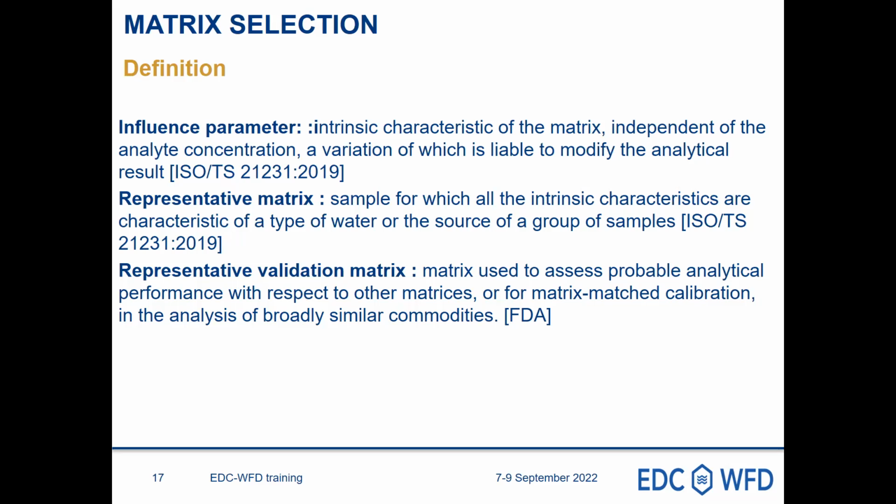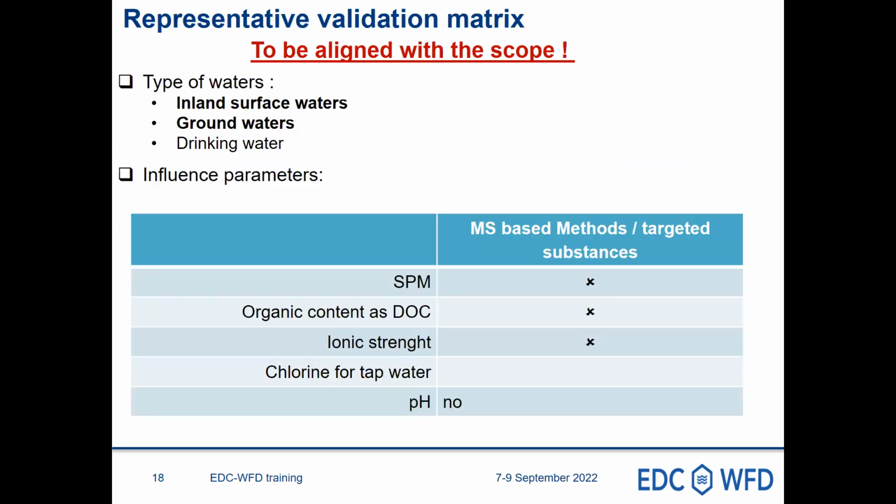It is a sample for which all these intrinsic characteristics are characteristic of a type of water, of the source, or a group of samples. And a representative validation matrix, which is of course what we need to discuss, is used to assess probable analytical performance with respect to other matrices, or for matrix-matched calibration in the analysis of broadly similar commodities. This is a reminder for many of you, because these definitions are really critical when making this validation step, and they should be aligned with the intended scope.